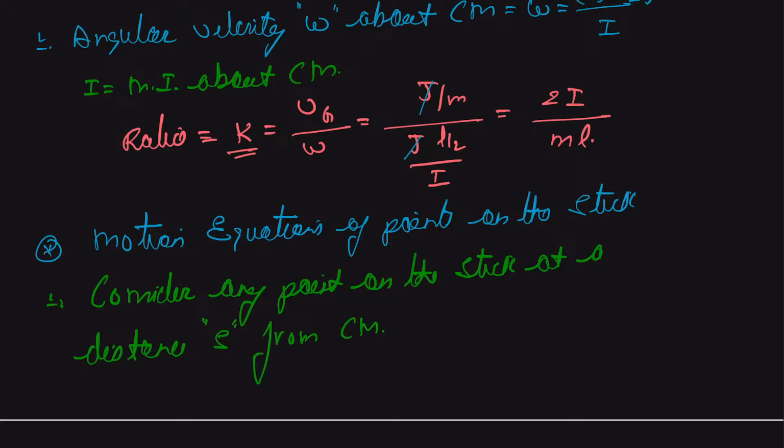From our center of mass, therefore we can write that our s is going to belong to minus L by 2 to plus L by 2. Okay, within these limits, the point s is going to behave or lie.